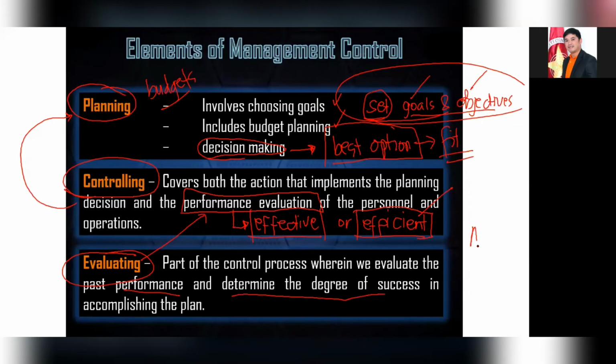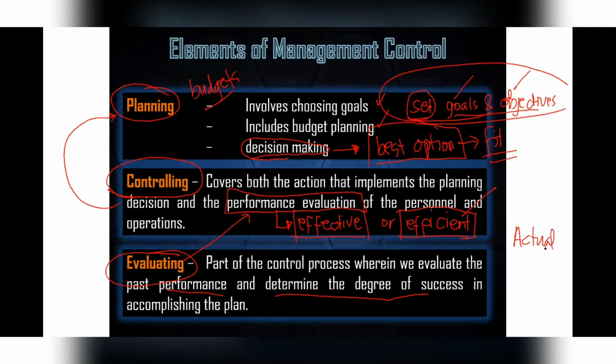What we normally do is we compare the actual versus the budget. And then the difference will tell you kung gaano kalaki yung deviation yan with our plan. Kapag nakita mo na actual ay malapit sa budget, ibig sabihin, parang sinabi mo na yung actual na ginawa ng organization ay according sa plano.